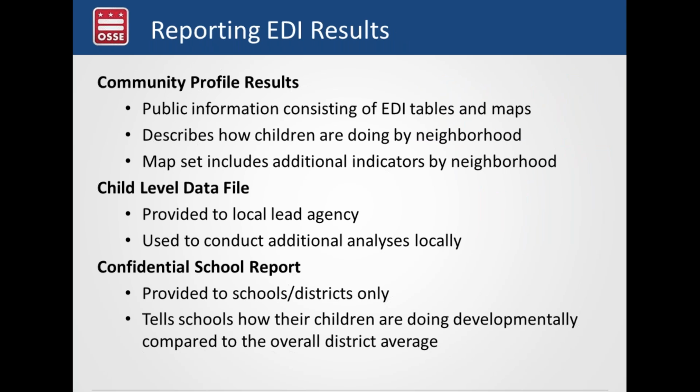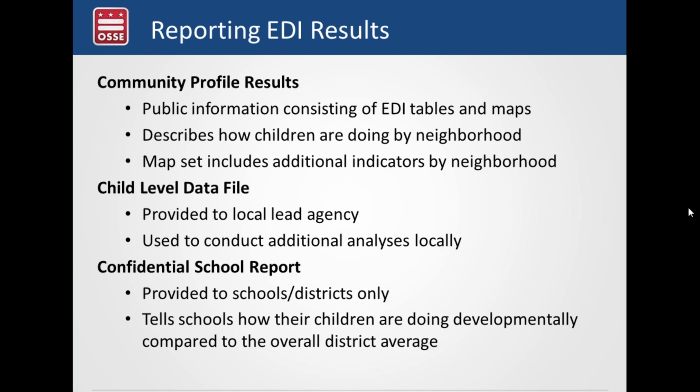Next slide. You can advance, thanks. The EDI, as I mentioned, teachers are filling it out online, and then the data is submitted through UCLA, and at UCLA is where we're able to clean and score the data and create a variety of reports and maps. And there are 3 basic types of output that we're providing back to OSSE and to the community.